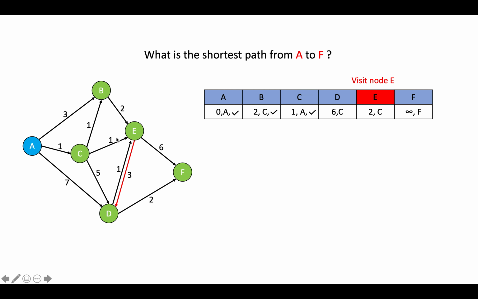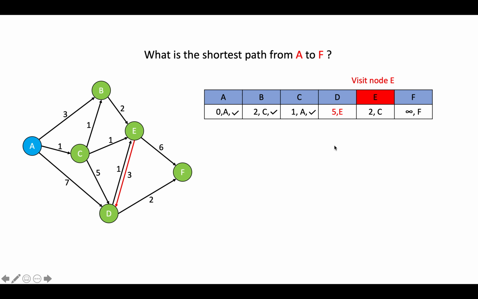And the length is 1 plus 1 plus 3, which is 5, right? Which is less than 6. So we should accept the new information, and we should update our table, and the predecessor becomes E in this case, right? So here we got the data.